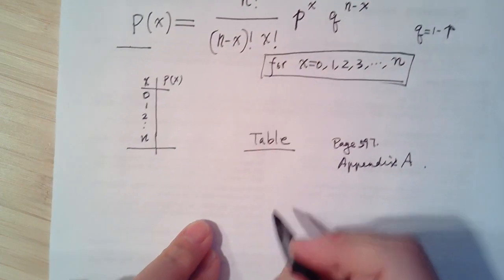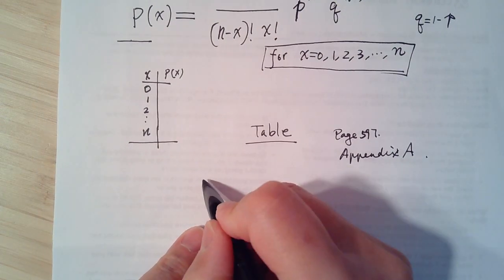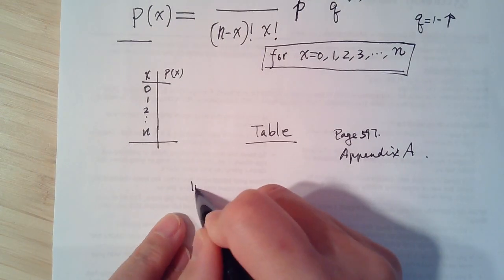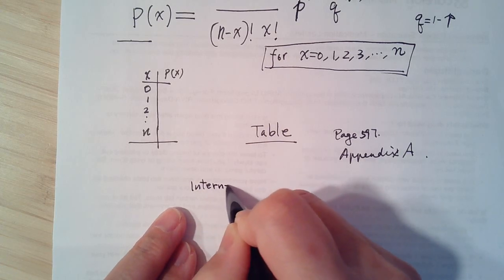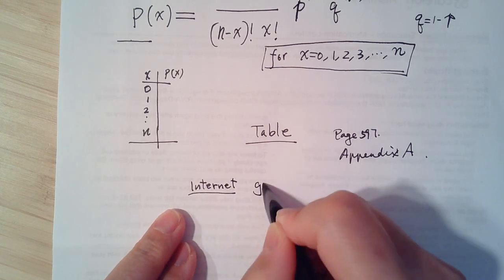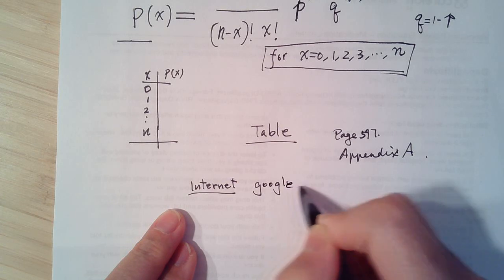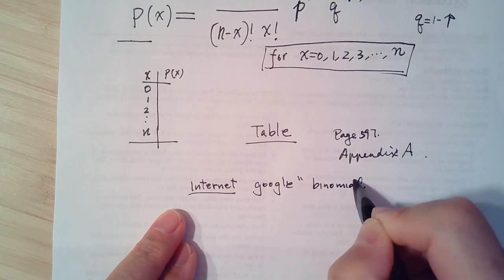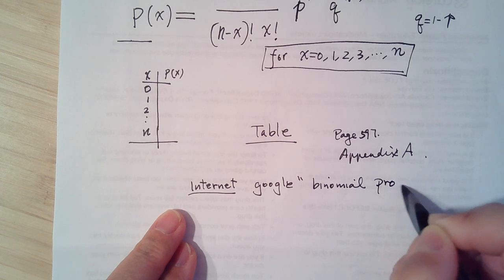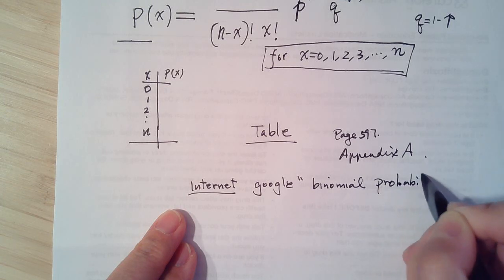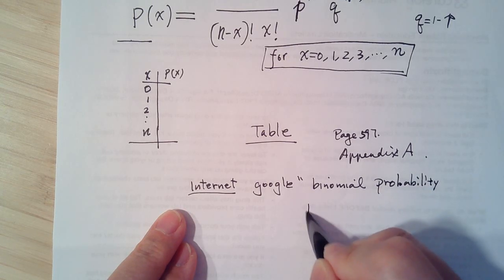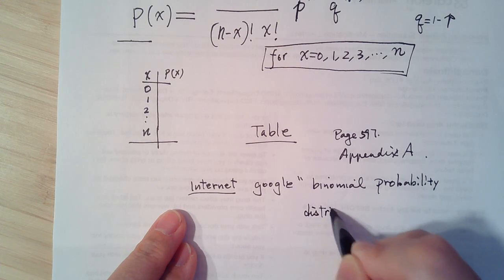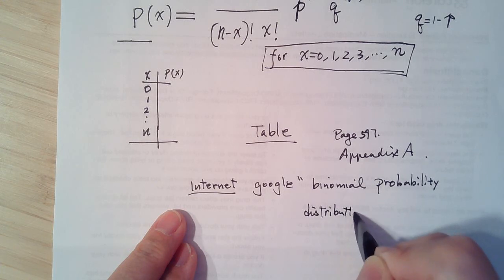You can go to the internet, because right now everybody uses the internet. So you go to Google and search "binomial probability distribution calculator."